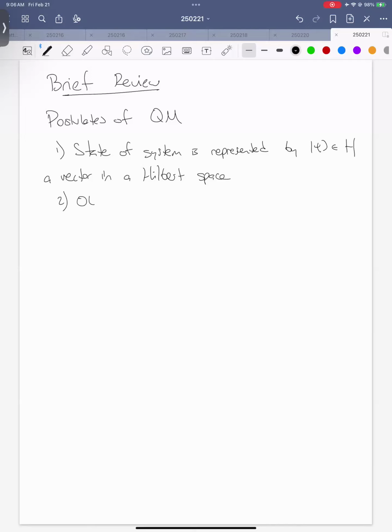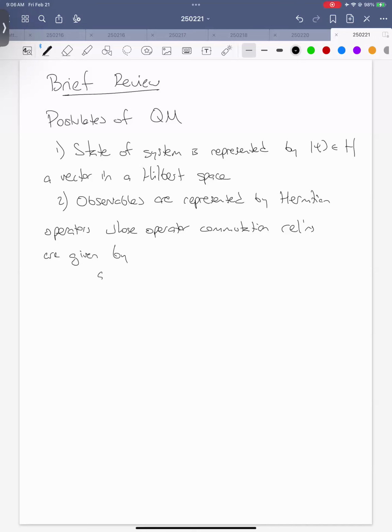So the second postulate is that observables are represented by Hermitian operators whose operator commutation relations are given by: some bracket {A, B} = C, in classical mechanics, goes over to the commutator of A and B, raised to operators, equals i times C raised to an operator.